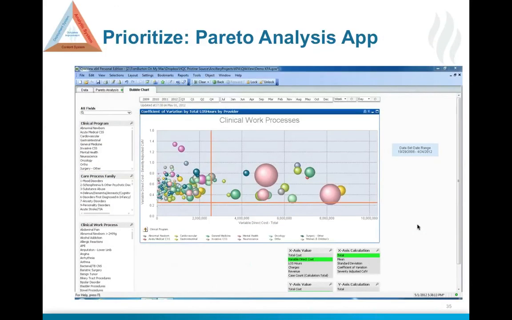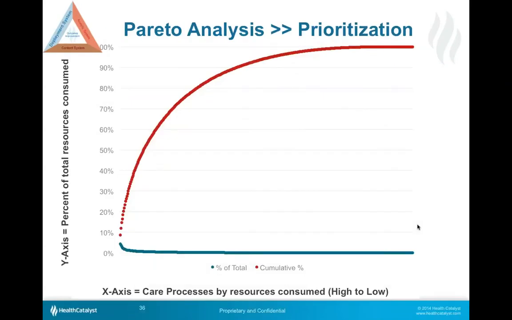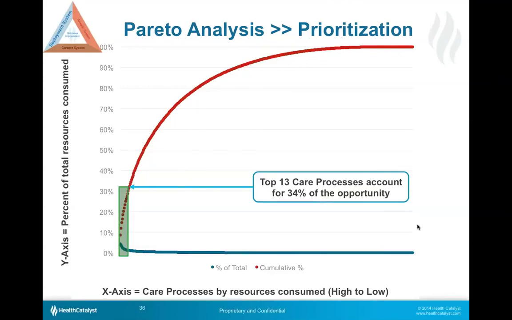This is an example screenshot of that tool in action, where very quickly, within just a few weeks, we can identify high cost, high variability care areas so that we can focus. What's interesting is there is this Pareto principle, the 80-20 rule, where a very small number of processes, in this example, 13 of the top care processes, account for 34% of the opportunity for improvement.